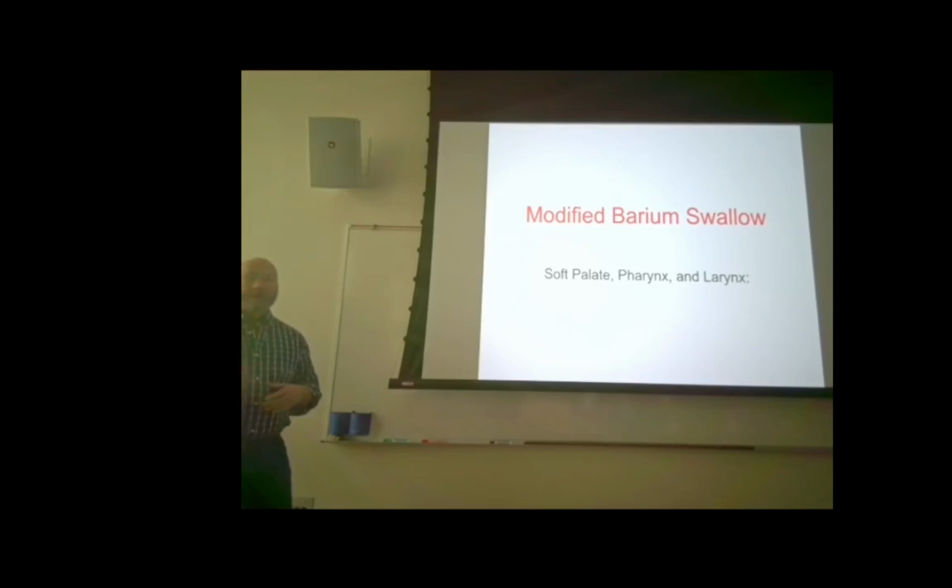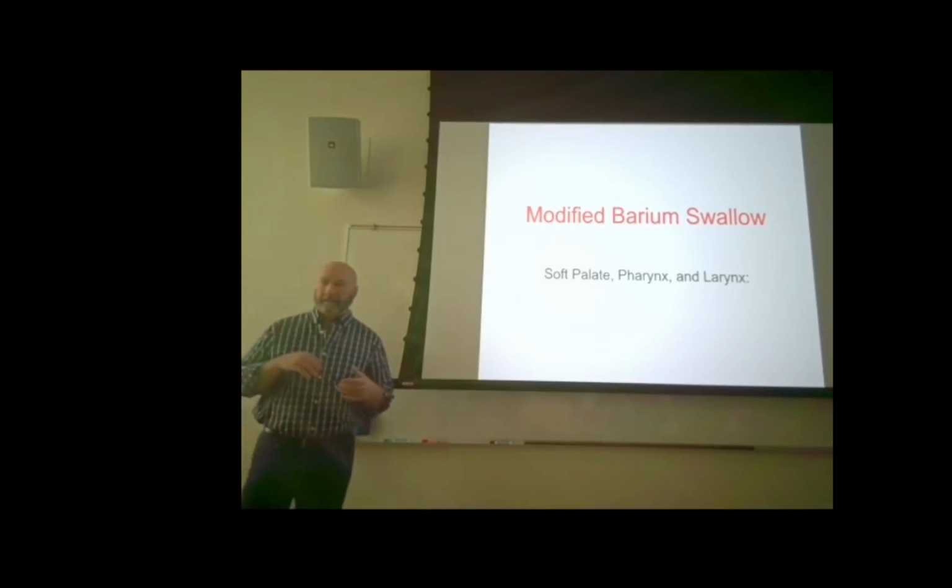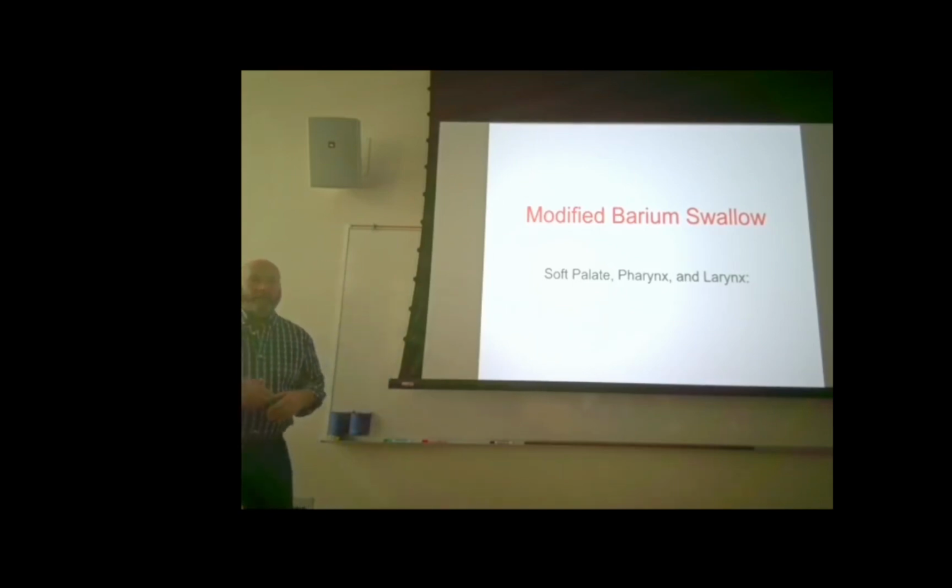What we want to avoid is aspiration. If foreign bodies get down inside of the lungs, it can cause a pneumonia, and the patient can have a bad outcome. If you've already got a patient who's just had a stroke and they're trying to rehab from the stroke, and now they've got aspiration pneumonia, it complicates things and makes their outcome less likely to be good.